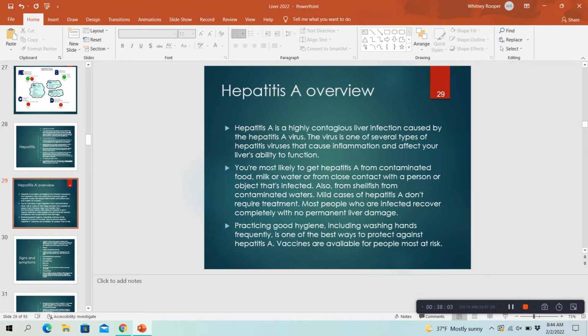Treatment may be nothing. Mild cases don't require any treatment. They'll just ride it out like the flu. You need to practice good hand hygiene. We'll go back to hand washing. And vaccines are available, remember.